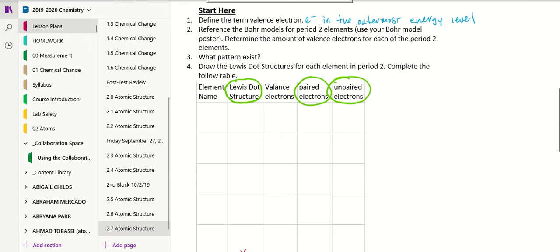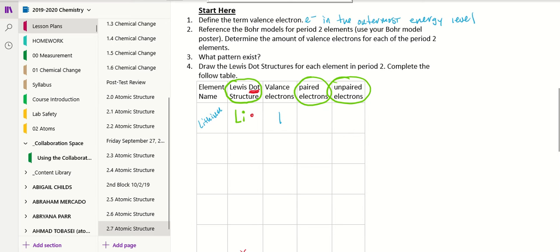So, we know for lithium, I have 1 valence electron. Now, when I'm drawing the Lewis dot structure, I'm going to write the symbol, and I'm going to represent that 1 electron with what? 1 single dot.